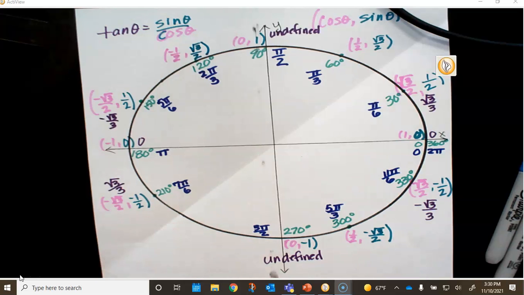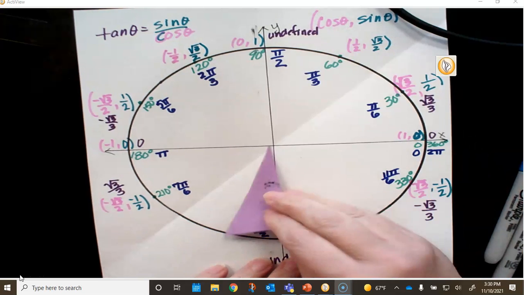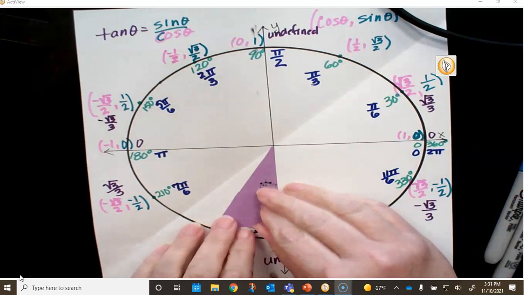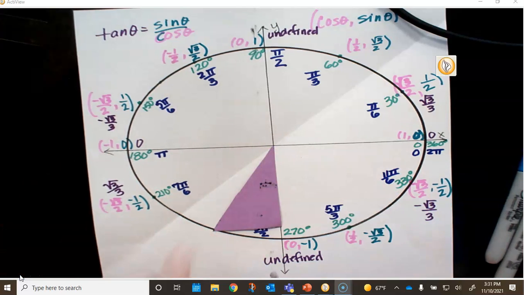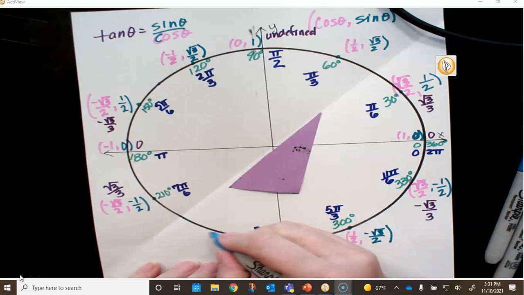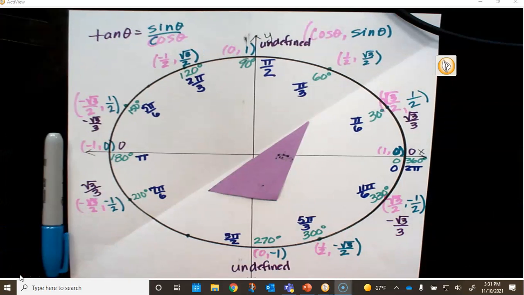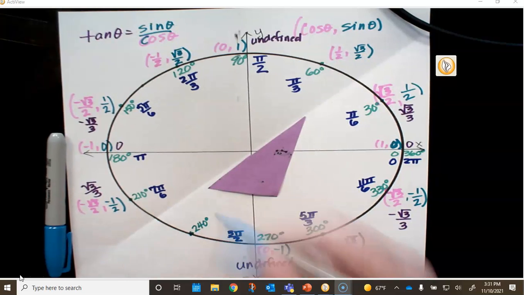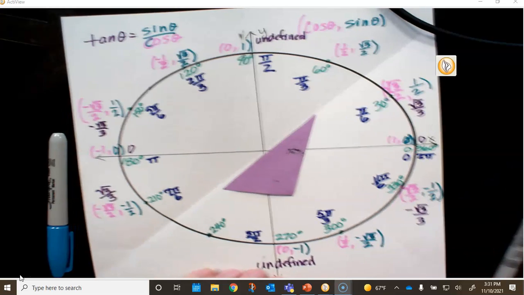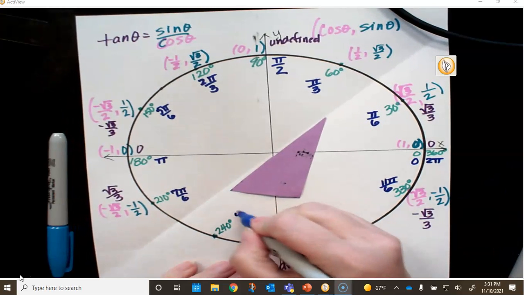And then if I take that same triangle and I flip it now here, so I'm 60 degrees past 180, that tells me that my angle is 240 degrees. 60 goes into 240 4 times, so that lets this be 4 pi over 3.